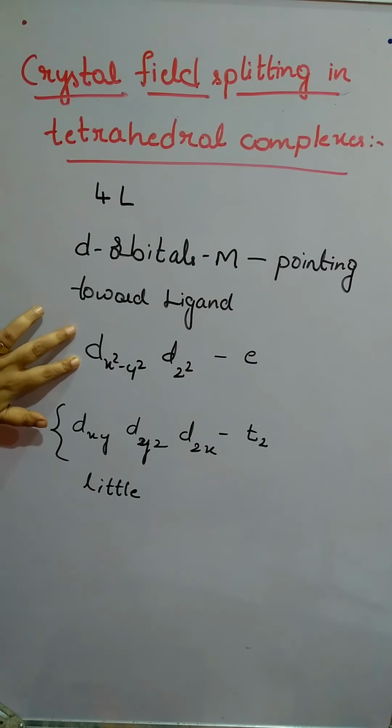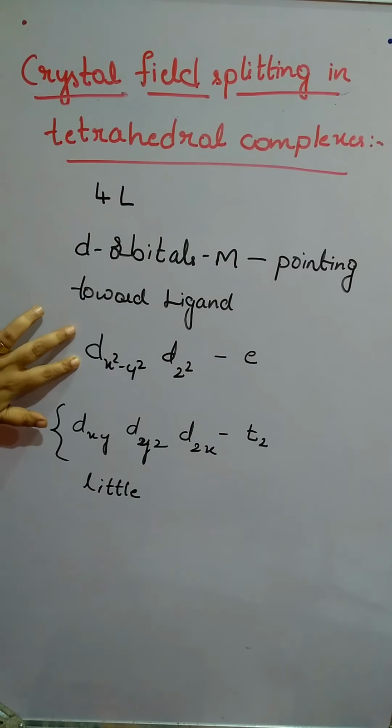So obviously, in the beginning itself we pointed out that the ligand is not pointing towards any of the d orbitals, but it is a little closer to dxy, dyz and dzx, and very far from dx square minus y square and dz square.